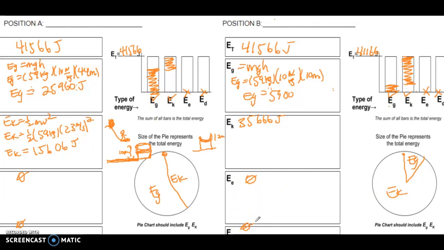Now, we should have probably asked for how fast he's going here. So I'm going to go ahead and find that because that would be something I'm going to change in the future. So 35,666 equals 1/2 times his mass times V squared.